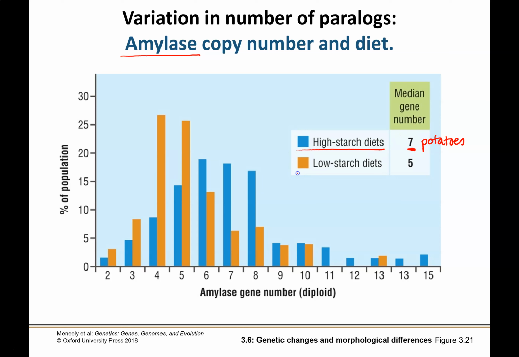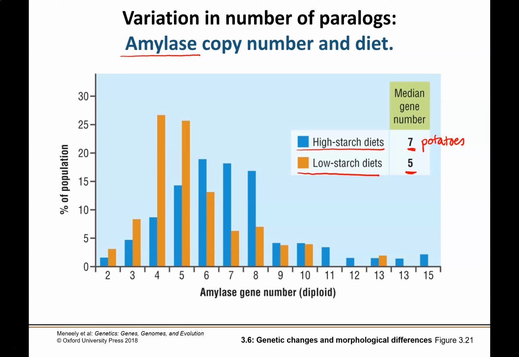And individuals whose ancestral population had less starch in their diets tend to have a lower number of copies of this amylase gene. So this is kind of interesting because it's unique in that humans generally don't differ in their copy numbers of genes. They can differ in their copy number variations within sequences, but they generally do not vary by copy number of genes.